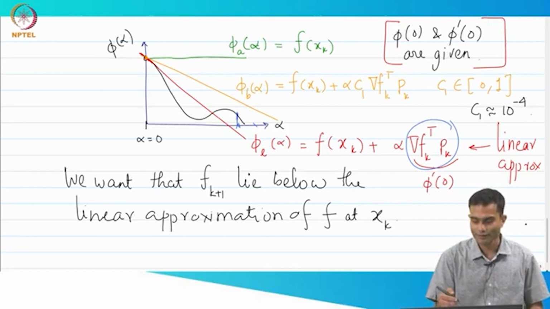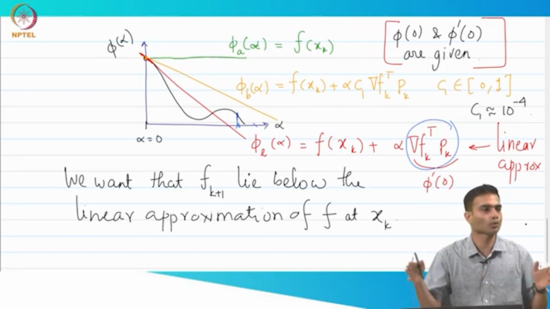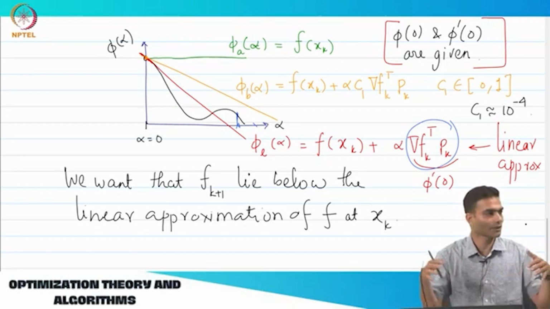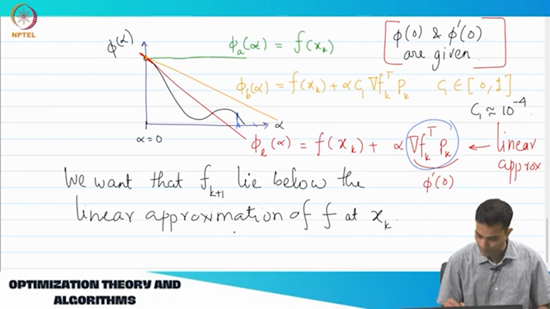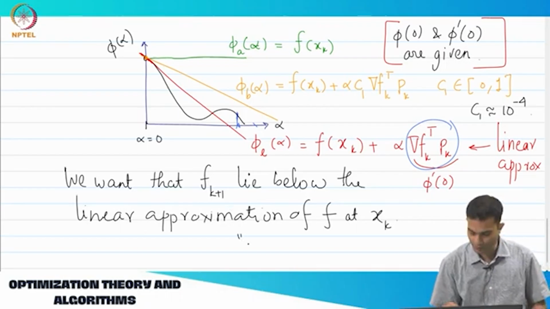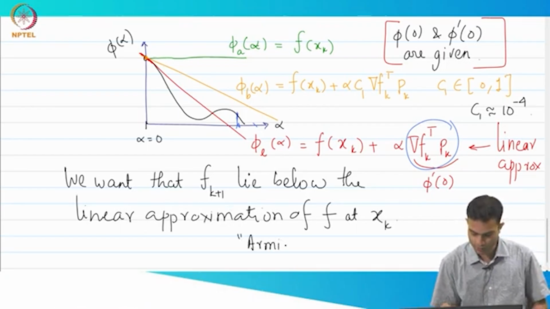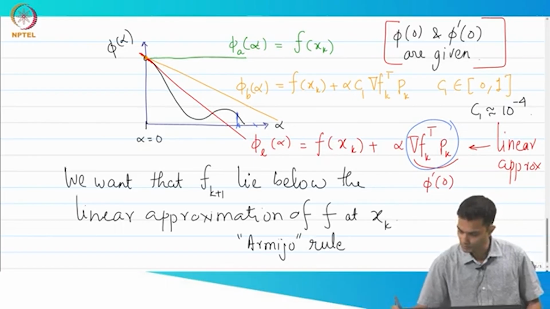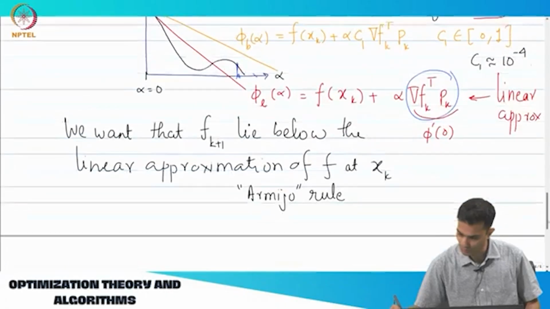So you can see that the orange line is going to allow more step lengths because more areas of the function are included. And this rule by itself is called the Armijo rule. Just so that when you see it in the textbook you do not get confused.